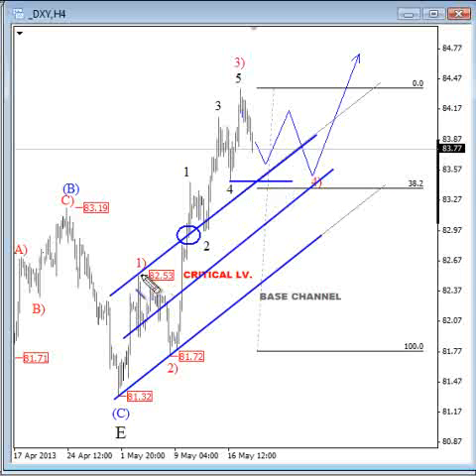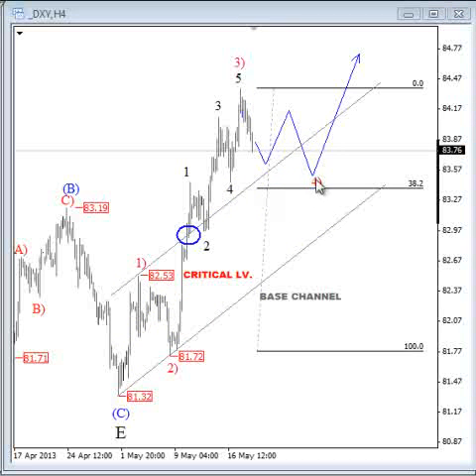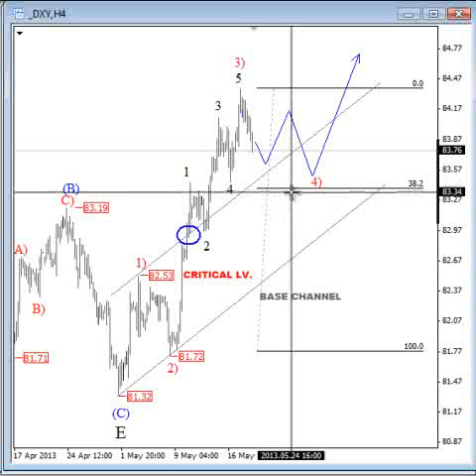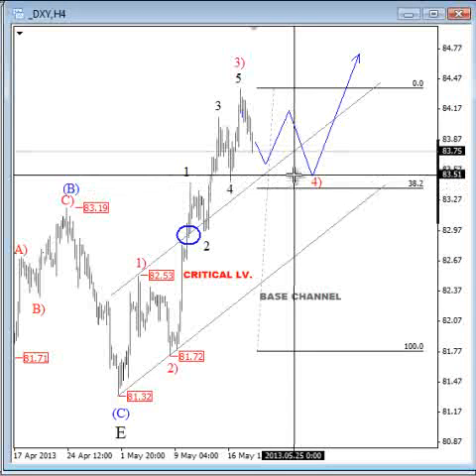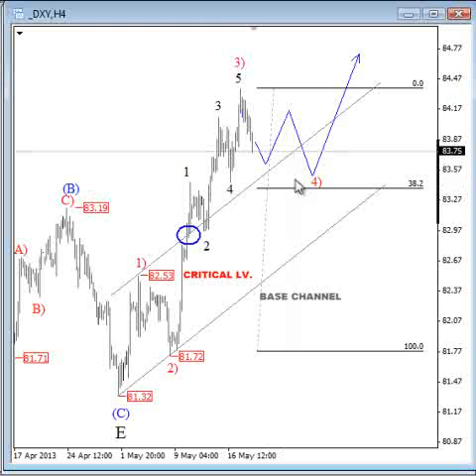At the same time, we know that wave 4 will in some cases travel a very similar distance compared to wave 2. So in our case that will again come in around this zone. So this is a very nice region, let's say from 83.30 to 83.50, for a potential completion of a wave 4.